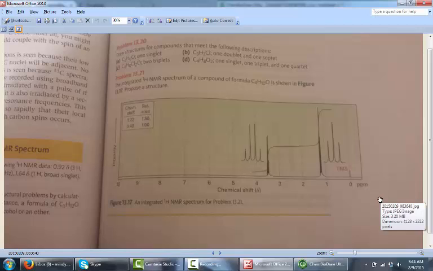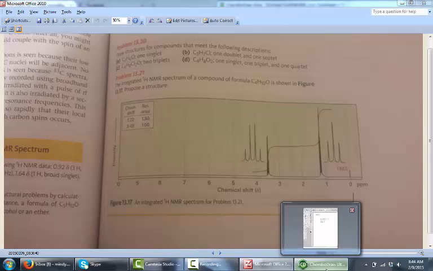So going back over here, let's start with the signal at 1.22 ppm. That's a triplet, and this is a zoom in of that. That means it's 1 peak that's split into 3. And what I know from learning about splitting patterns is that a signal that is split into 3 peaks must be on a carbon whose neighboring carbons have 2 protons on them.